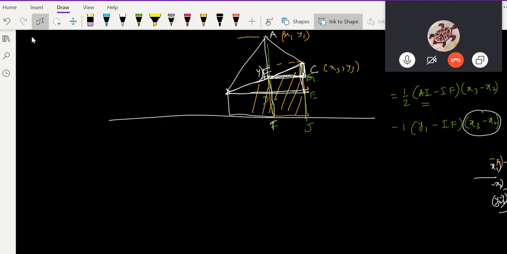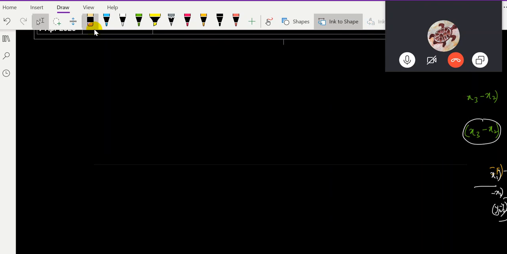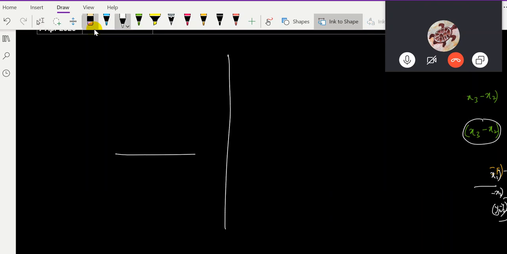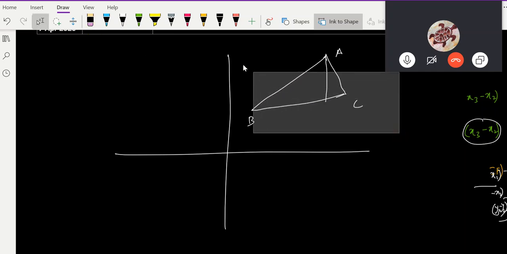Let us look at the distance part also. If I want to do it with the distance, then I have to drop a perpendicular.